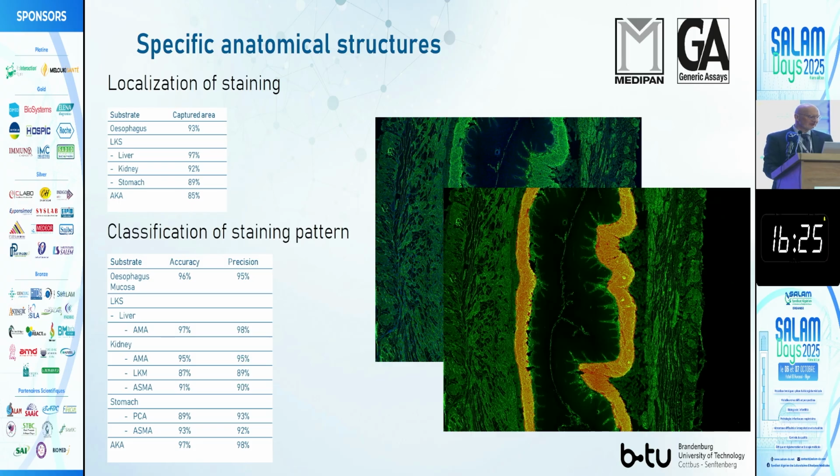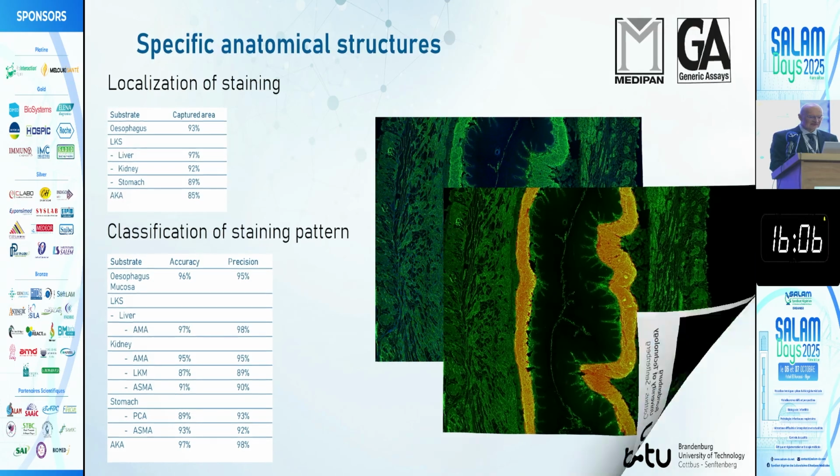So at the end of the day, you see here first preliminary data that we would like to publish very soon, that by using artificial intelligence tools, we can achieve a high accuracy as well as a high precision in this field.